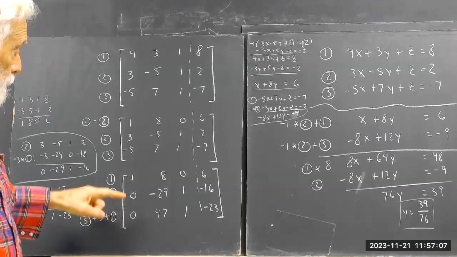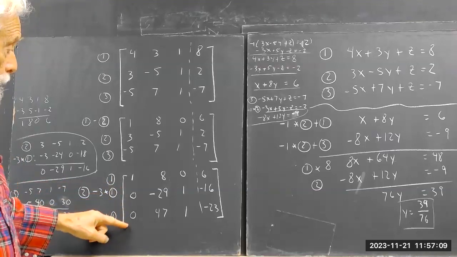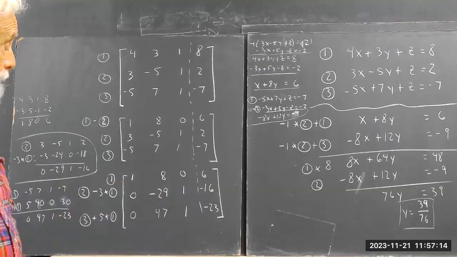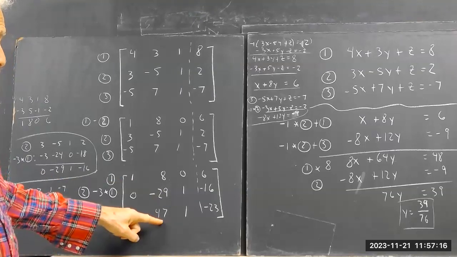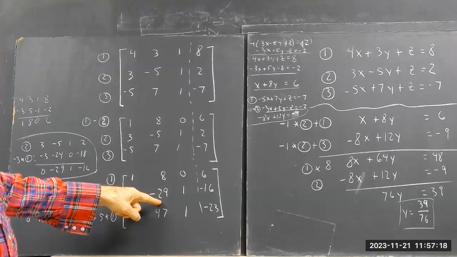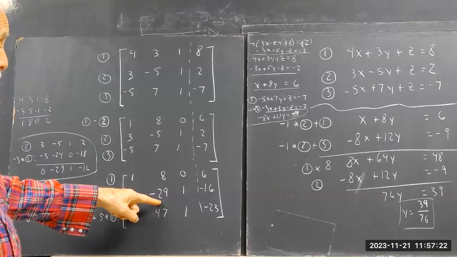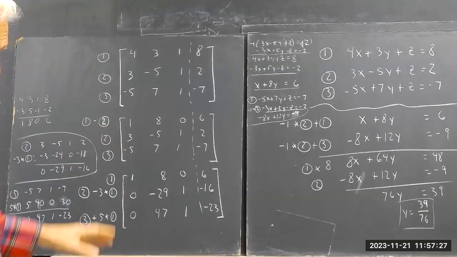Okay. We've got a 0 here, then we get a 0 here, then we want a 0 here and a 0 here. Actually, we want a 0 here and a 1 here. So, okay. And we'll go on with this.